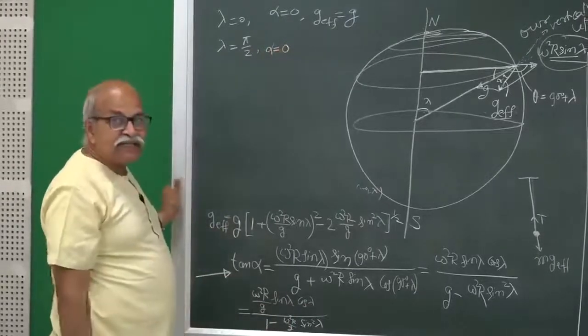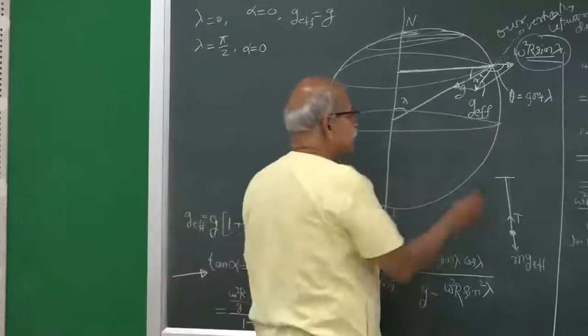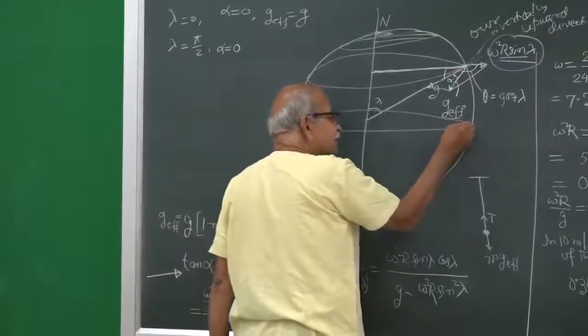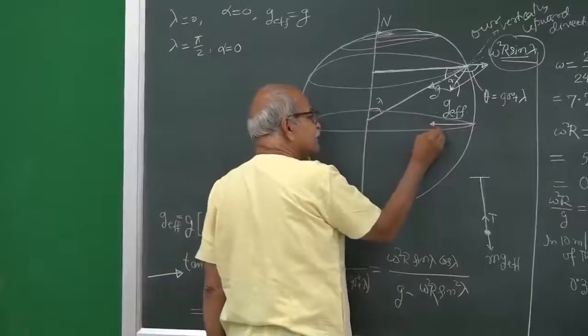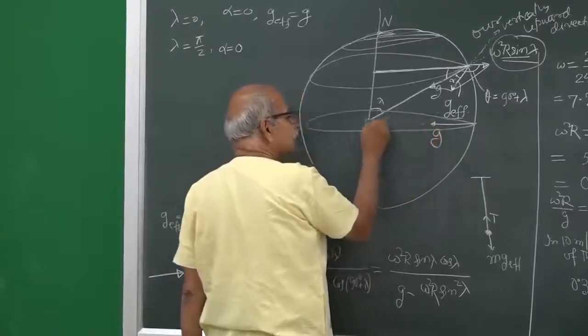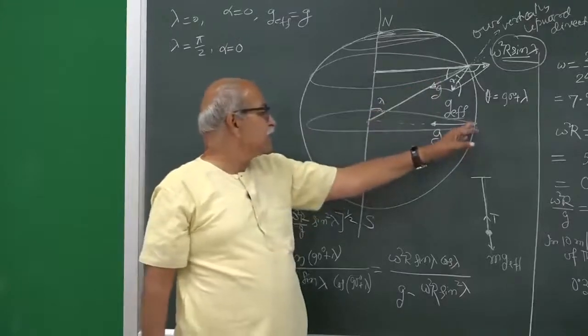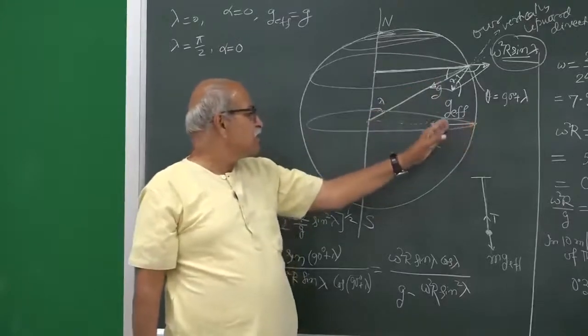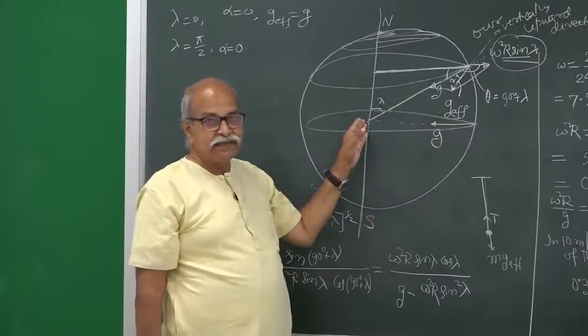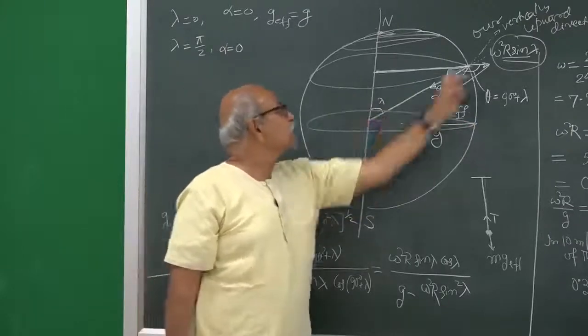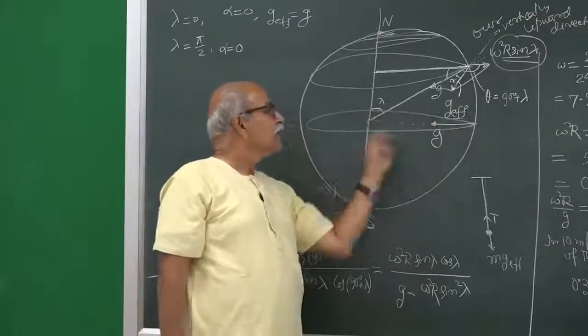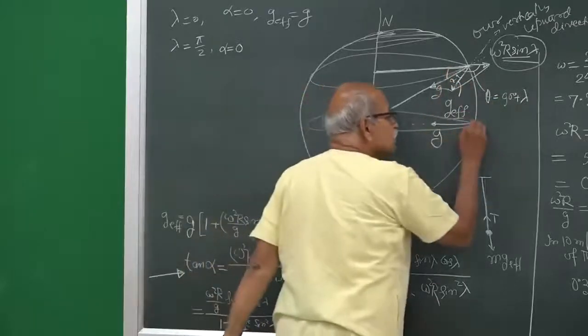What is the significance? If you are on the equator, the real vertical is in this direction, passing through the center of the earth, this is the real g. So, if you are somewhere on the equator, then this small g is passing through the center of the earth, and this circle is now here, and therefore, this direction is here.